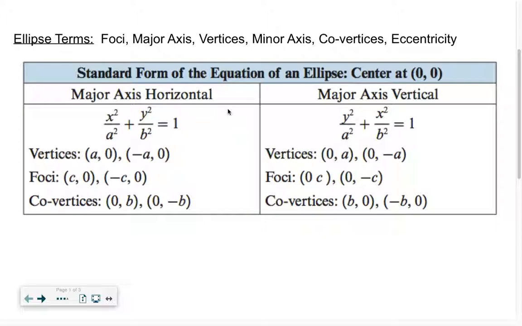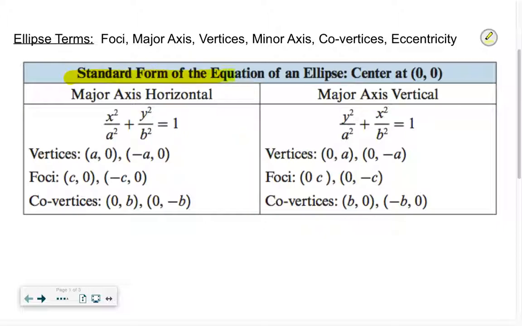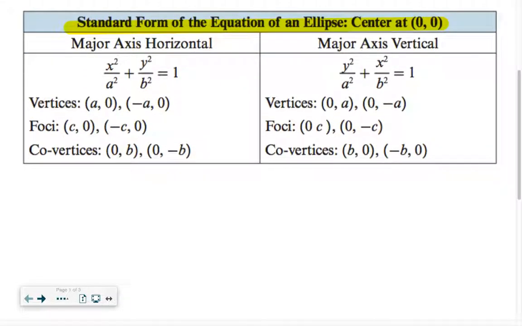Here's what you need for your notes, this box right here. This is the standard form of the equation of an ellipse when it is centered at 0, 0. So we assume that it is centered at the origin. Now when we look at an ellipse, again, the football could be laying on the ground, or it could be set up on its end and it's sitting on the tee.